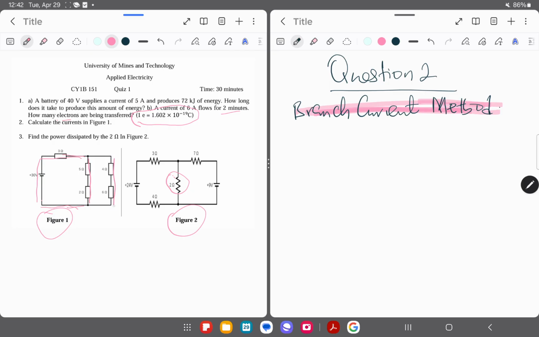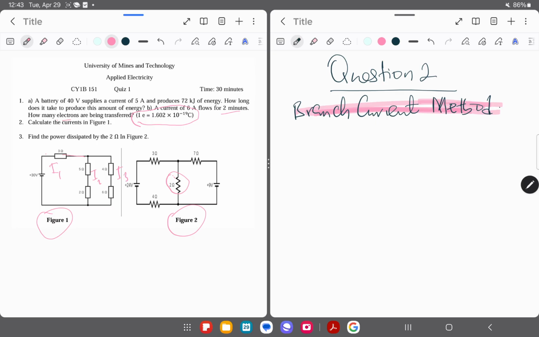Then we have another one here, right? So we have 3 branches, meaning for each of these branches we are going to assign current. For the first branch, I'm going to assign the current I1. The second branch here we have I2, and the third one we have I3.